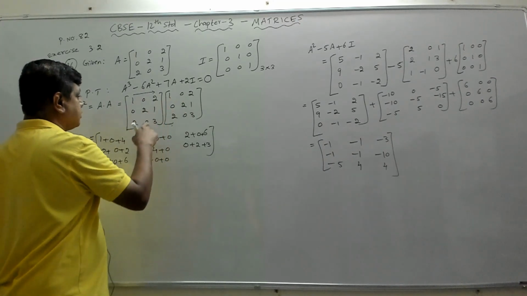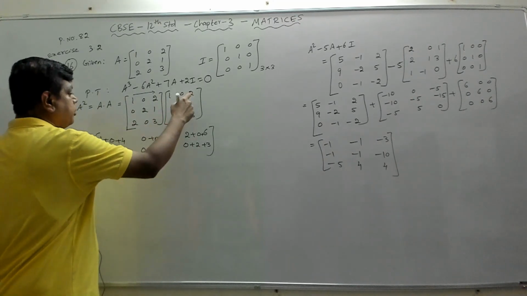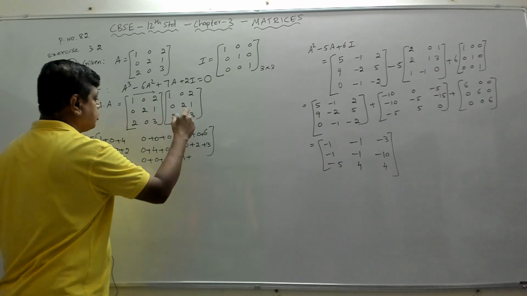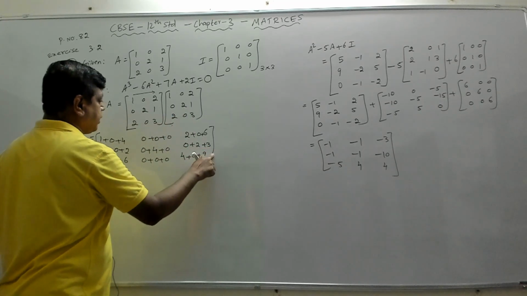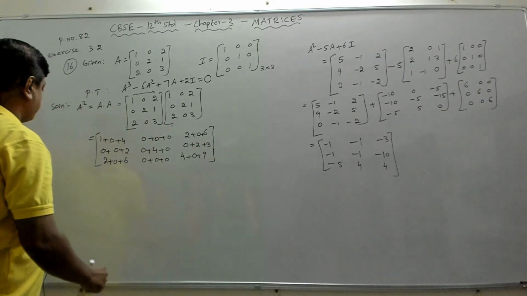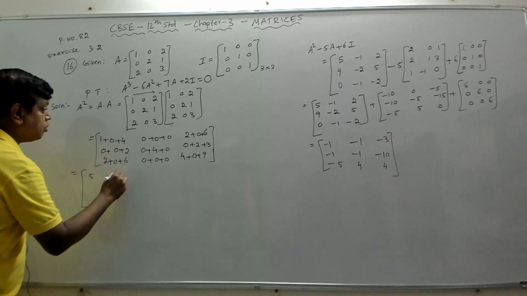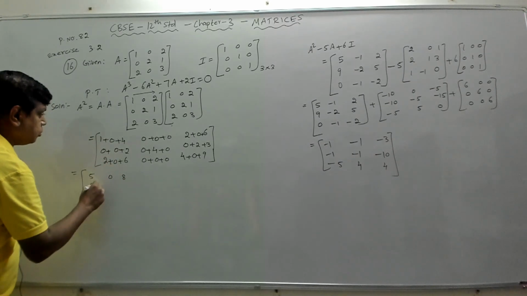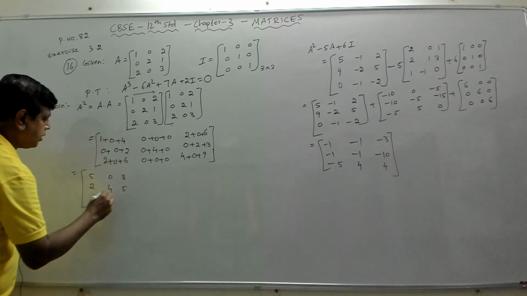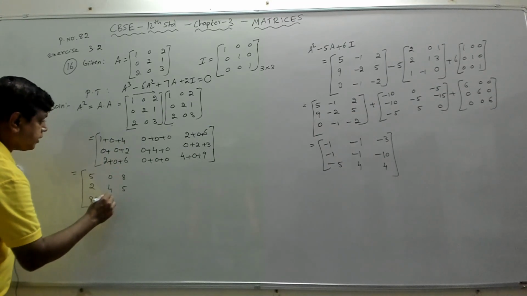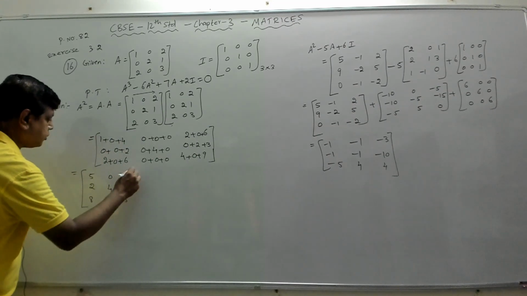Then 2 into 2 is 4, plus 1 into 0 is 0, plus 3 into 3 is 9. Now if you add them, 1 plus 4, 5, 0, 8, 2, 4, 5, and 2 plus 6 is 8, 0, 13. So this is your A square.